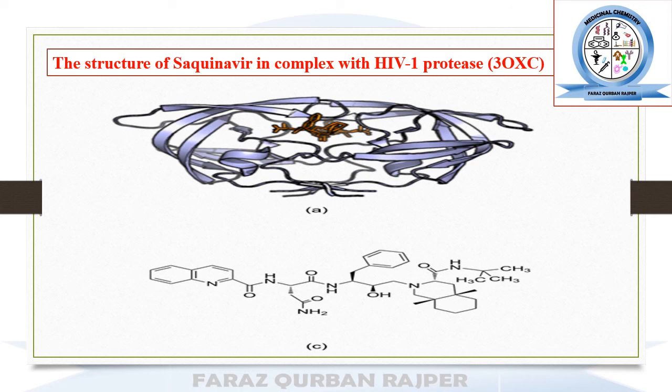The first part of this diagram shows the structure of the complex of the drug molecule and the HIV-1 protease. The next part of this diagram shows the chemical structure of Saquinavir, the HIV protease inhibitor drug.